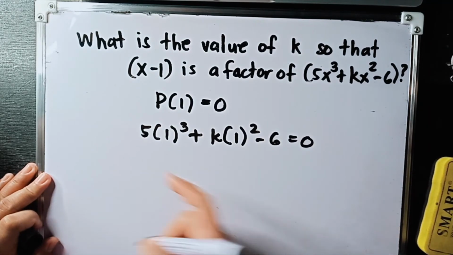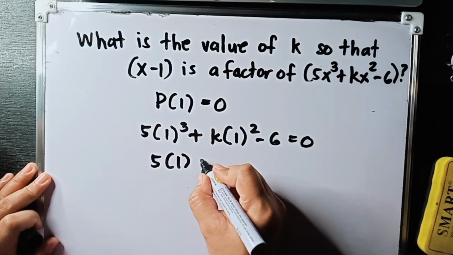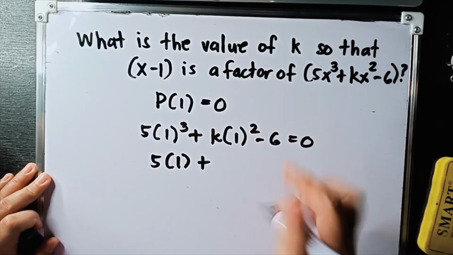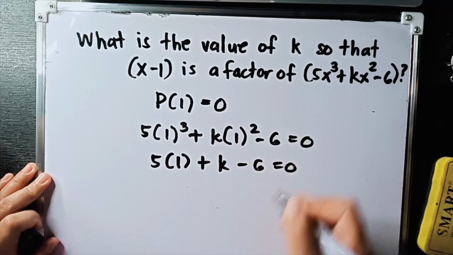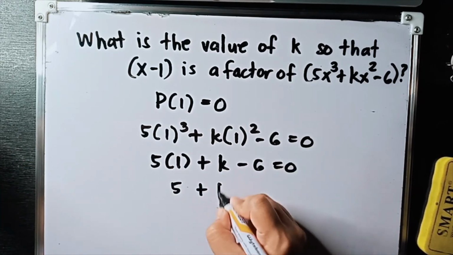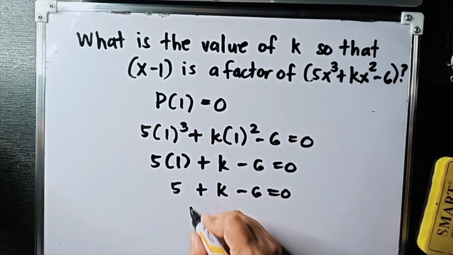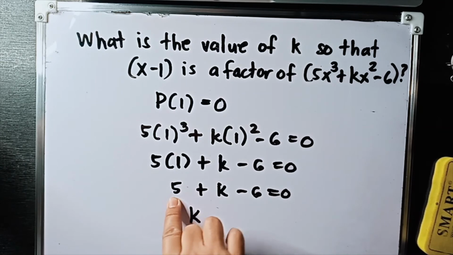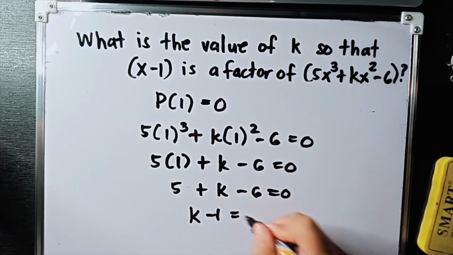Then we simplify the exponents. We have 5 times 1, plus 1 squared is 1 times k is k, minus 6 equals 0. Then we simplify this. We have 5 plus k minus 6 equals 0. So we bring down k. 5 plus negative 6 is negative 1 equals 0.